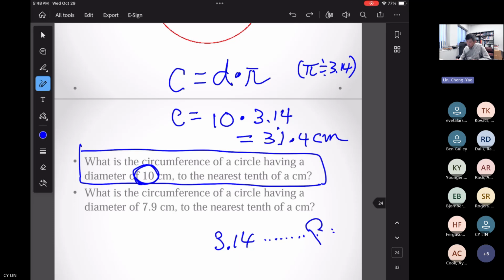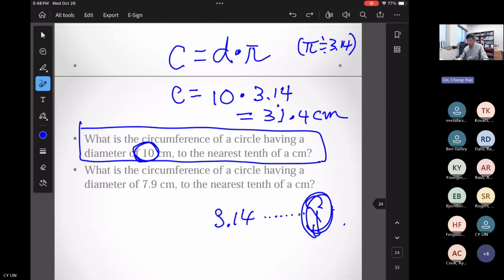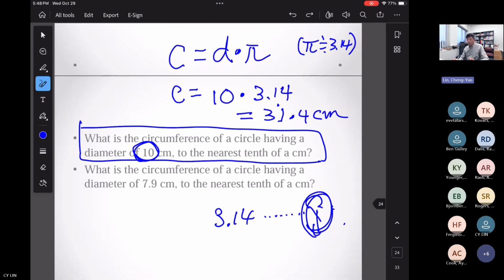The last digit here is unknown, so we want to say approximately. We don't know if it is 0 or 1 or 2 or 3 for this number. But I believe one day we will know. Maybe one day we have a supercomputer and we find out, oh, maybe the last digit is 8 or 9.